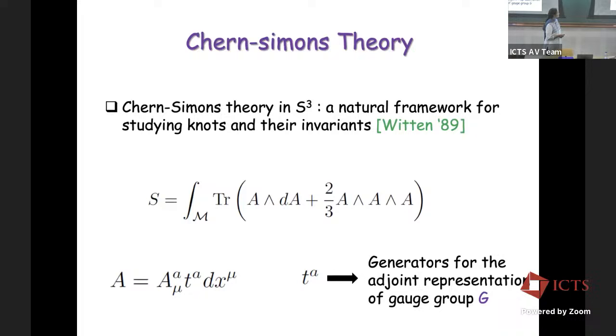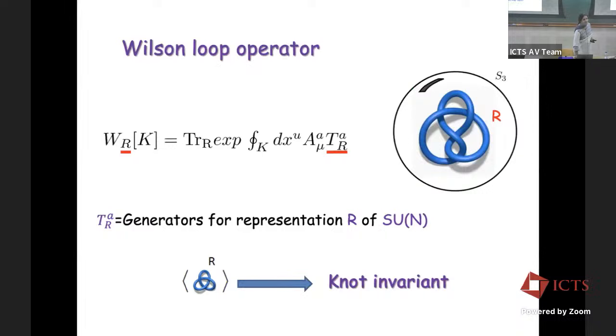I've written the T^a as the generators of the group G. Once this action is there, you can find expectation values of observables in the field theory. This action is metric independent clearly by construction. You can also show that the partition function will be gauge invariant if I choose my coupling. I've not really put the coupling in, but if I put the coupling, then it will be gauge invariant only if k is an integer.